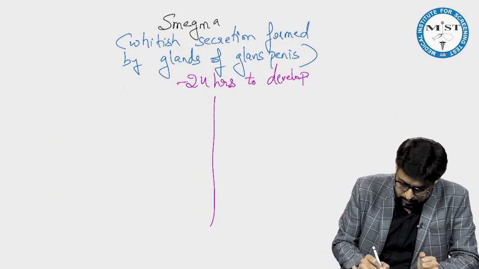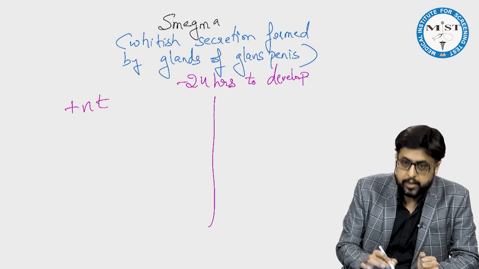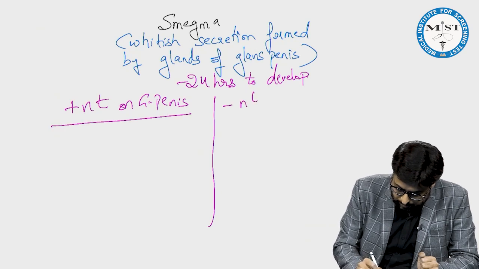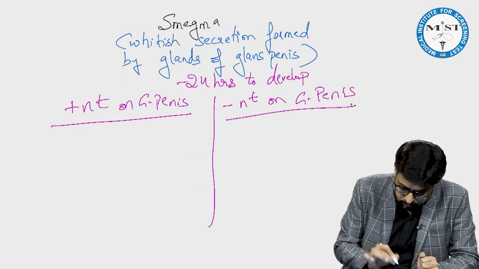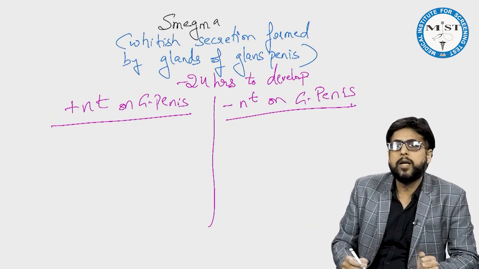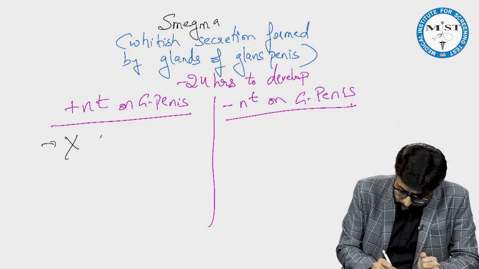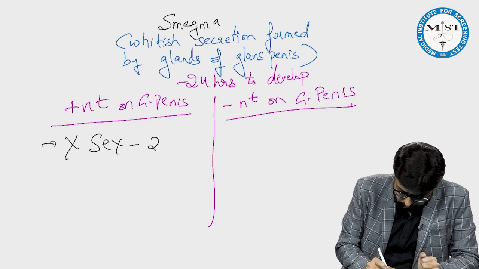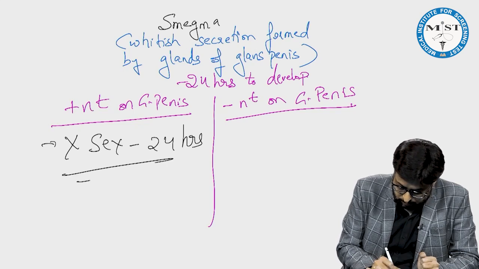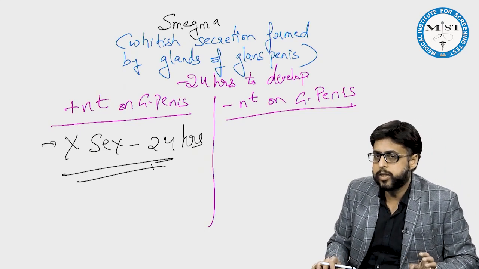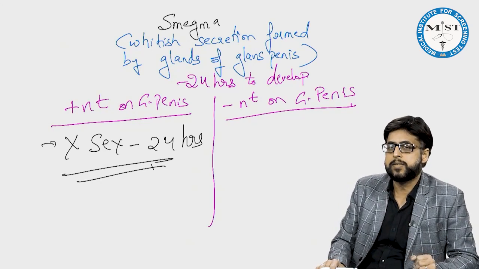Now, if smegma is present on the glans penis, what does it indicate? And if smegma is absent, what does it indicate? If smegma is present, that means no sexual activity in the past 24 hours.